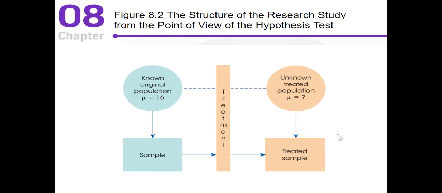And if we look at figure 8.2, we can see that from the point of view of the hypothesis test, the entire population receives the treatment, and then a sample is selected from that treated population. In the actual research study, however, a sample is selected from the original population, and the treatment is administered to the sample. From either perspective, the result is a treated sample that represents the treated population.